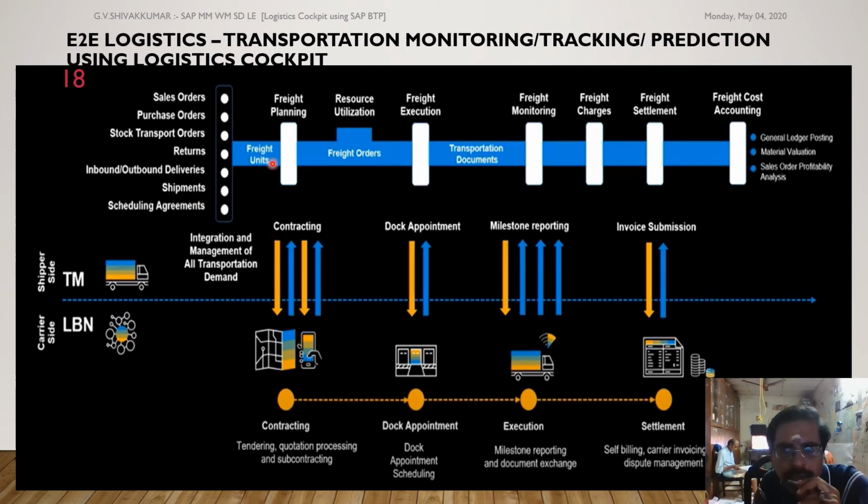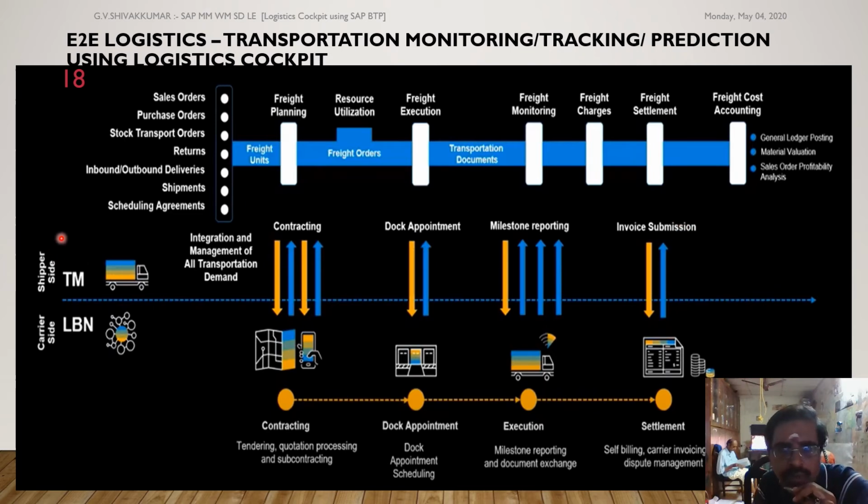So everything can be sequenced using freight planning, resource utilization, freight execution, and then transportation documents, which are the shipment papers, then followed by freight monitoring of the output results, freight changes if any, freight settlement, and then freight cost accounting, right? So this will give the conventional loading or packing, and material valuation, and then sales order update. All these things can be tracked.